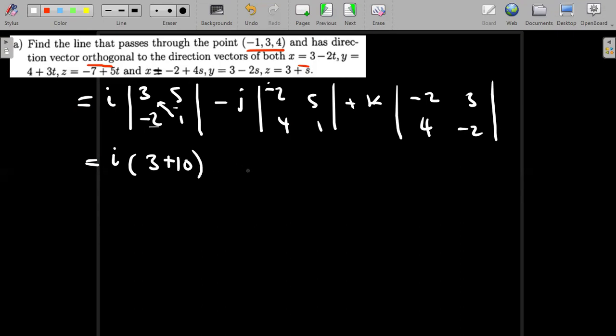Then for j, I have minus: I multiply -2 and 1 and get -2, then I multiply the 4 and the 5, which is 20.